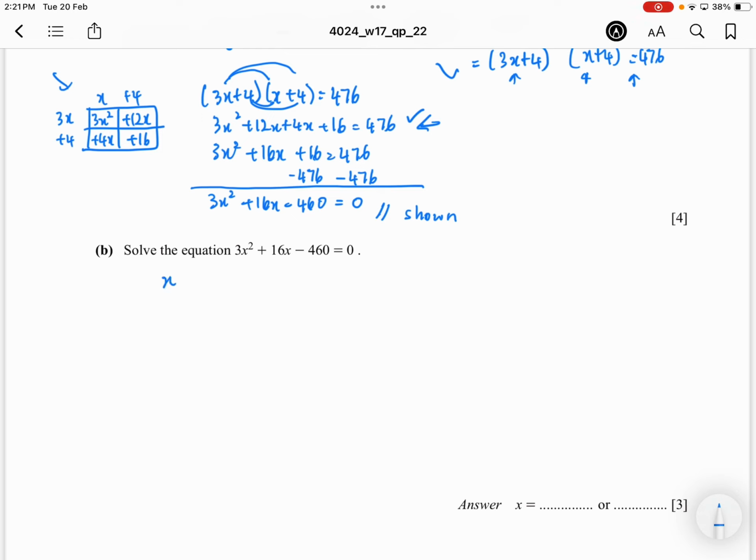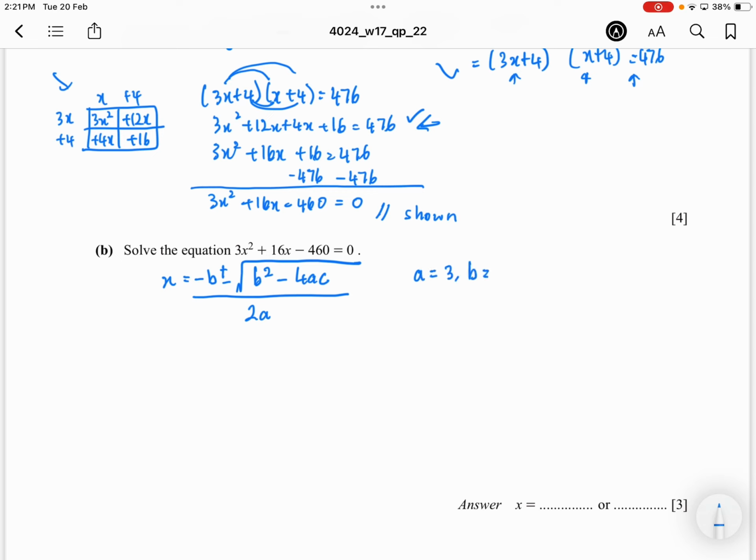Syarif, formula: x equals to... Syakirin, what is A? Good.